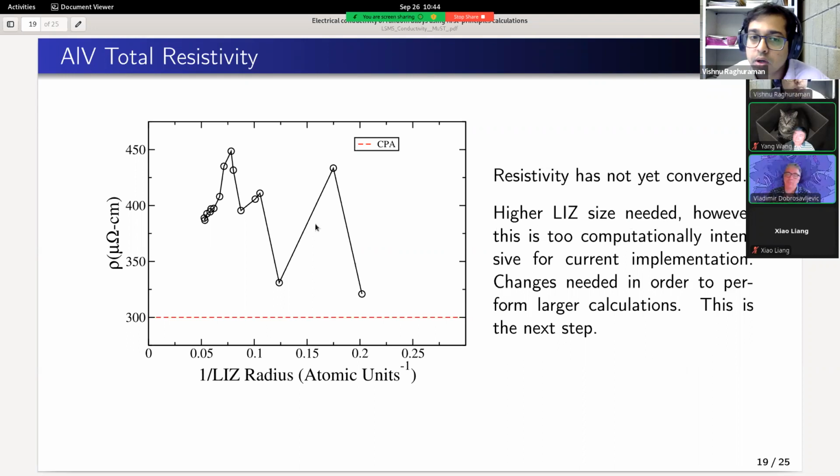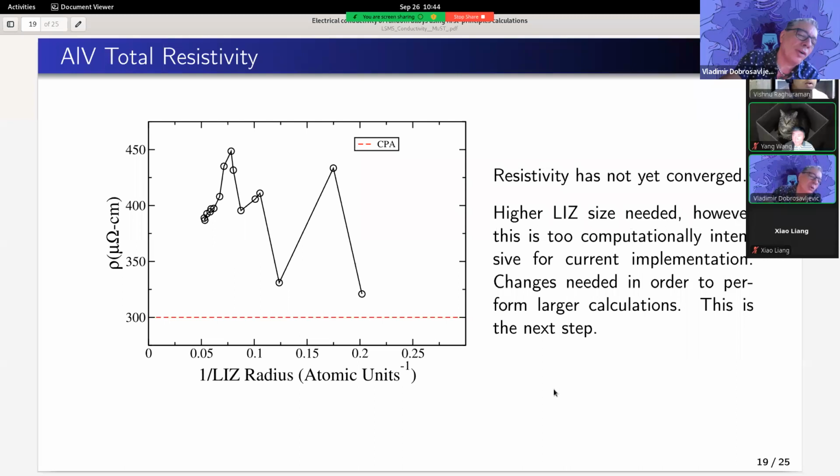Yeah. So for us, we're interested in seeing what happens when we go to smaller LIZ, to see whether it goes to the CPA value or it converges to something else. Well, if I take the last 6, 7 points on the right side and linearly extrapolate them, I actually get something not too far from CPA.